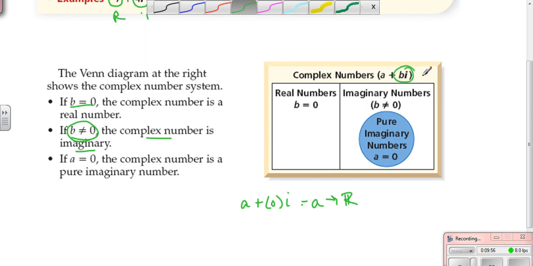Then this bi part will exist and be imaginary. If a is 0, 0 plus some bi, all I'm left with is the imaginary part, and so that becomes an imaginary number. So you really have the imaginary dropping out, becoming real, both of them existing, becomes complex, the real part dropping out, and you're left with just an imaginary number.